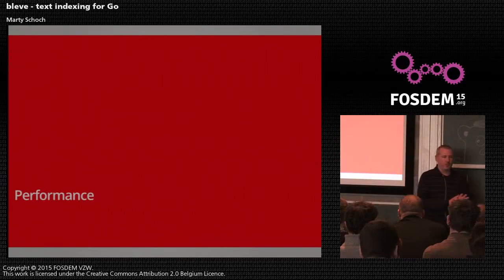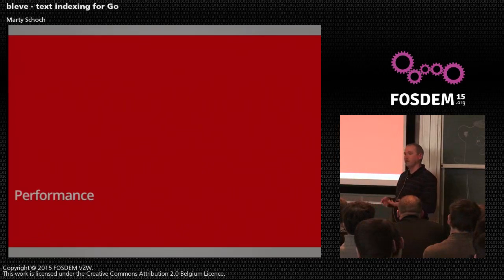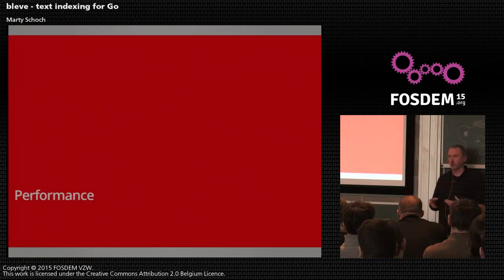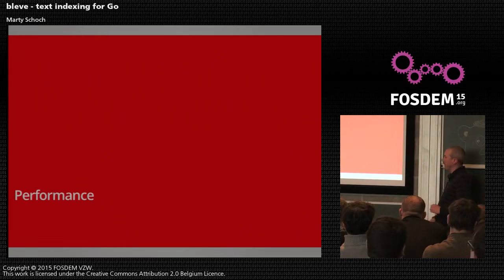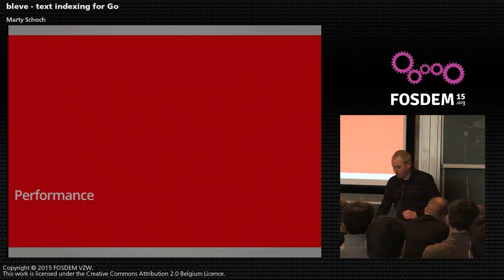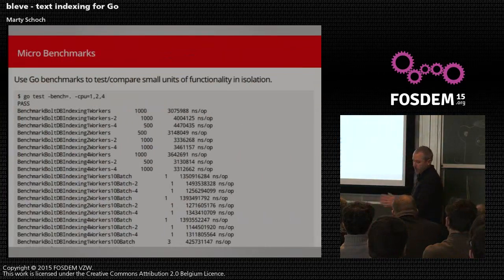So I couldn't get away without someone asking about performance. It seems to come up all the time. What I will say is we really focused on getting features right first. Then our next focus was on getting an API that we thought was the right level of granularity for people to use. But we are finally getting to the point where we're starting to look at performance a little bit.